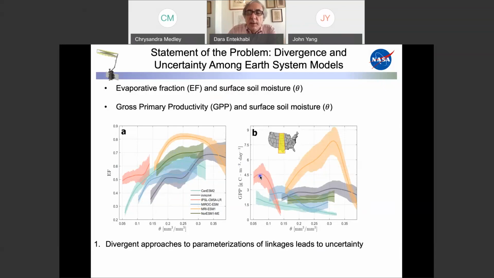If you look at the carbon exchange, it's even more divergent between them. So this, to me, is the statement of the problem. There are divergent approaches to the parameterization in each model, which leads to uncertainty. Again, this is the 3 main metabolic cycles of the Earth system. So number 1, there are divergent approaches.